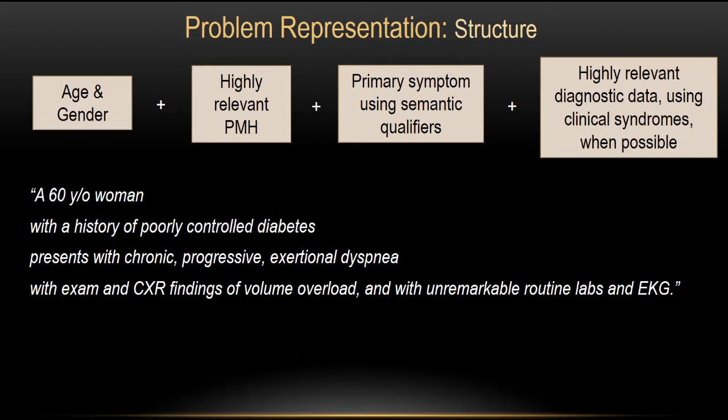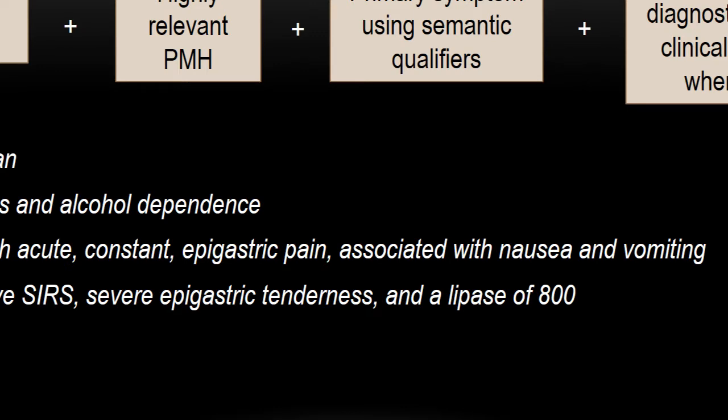Dyspnea is the symptom. Chronic, progressive, exertional, these are the semantic qualifiers for this symptom. With exam and chest x-ray findings of volume overload and with unremarkable routine labs and EKG. These are the highly relevant diagnostic data found in the patient's story. Another example for the same structure of problem representation.